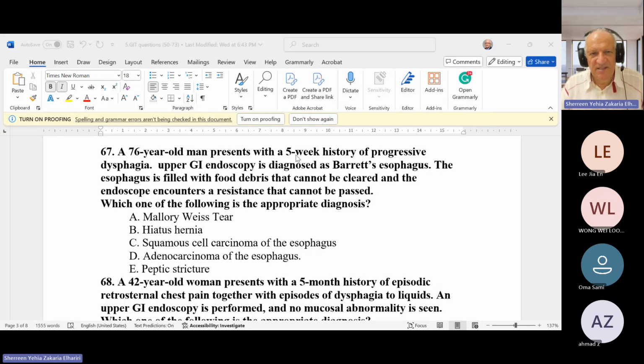Just recently he developed dysphagia. He had Barrett esophagus before, and now he has complete obstruction, so it means he developed a tumor. We just need to ask here: is the lower esophageal carcinoma due to Barrett esophagus squamous or adenocarcinoma? We choose one of these.